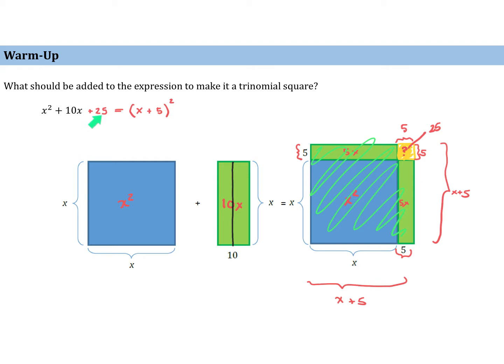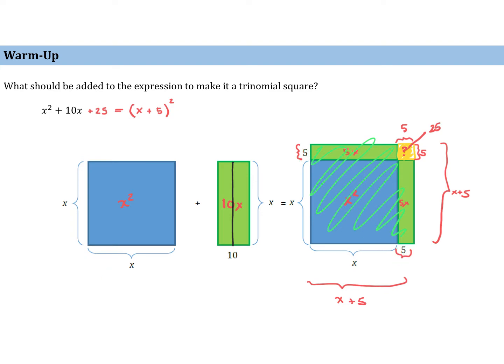Now how can we obtain that 25? Well, let's look back at what we did. We started off with an x squared. That's important. We can only have an x squared here. And then this middle term of 10x, we took the coefficient of 10 and divided it in 2. So we got 5 by 5.